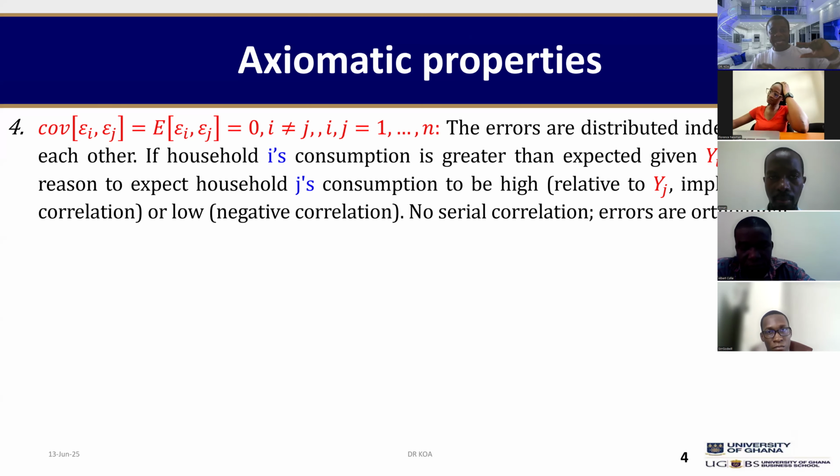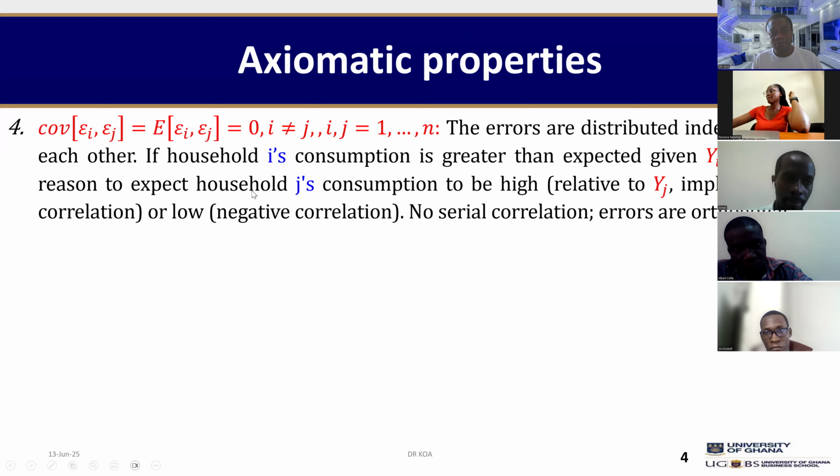So the same way an individual in Latabi Okochi will have a different consumption from an individual in Sakumono, the error for the individual in Latabi Okochi, which is error I, will be different from that of the individual in Sakumono, which is the error J. So the error I and the error J are all errors, just that they are different. And to indicate that they are different, we call one I and we call the other J. Does it make sense?